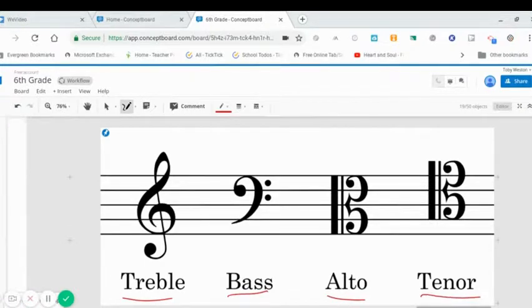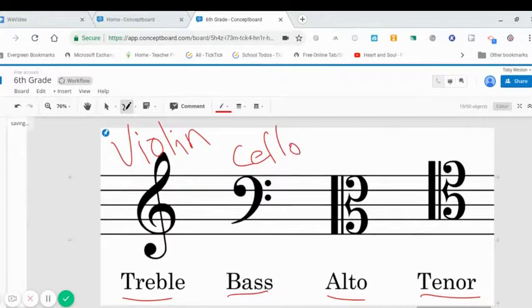This tells you what instrument will be playing that music. Usually treble is for violin, bass is for cello and bass, and alto clef is for viola. We don't use tenor clef very often, but that's also a clef that cellos use on more advanced music.